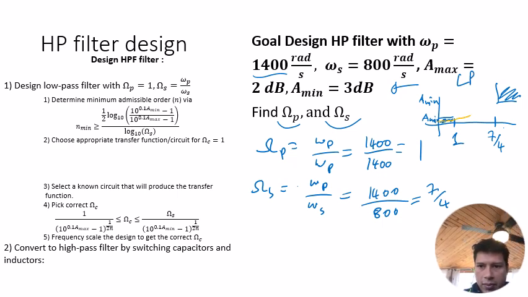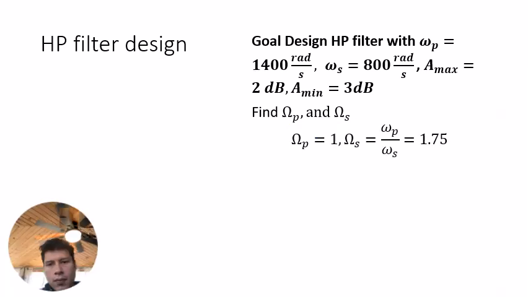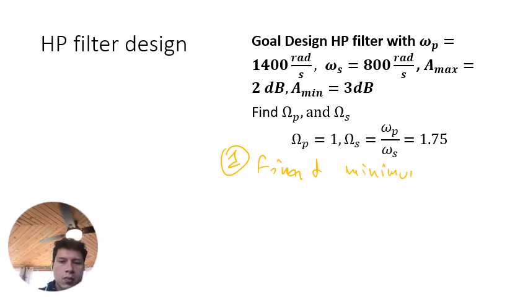We need a response that looks something like that. This is the loss. Okay, so now we found our omega p and our omega s. Now we just need to design a low pass filter with those specs. So remember, we need to first find the minimal order, and choose the order.